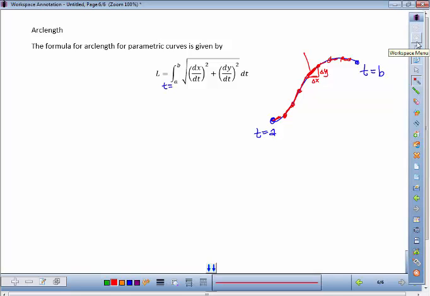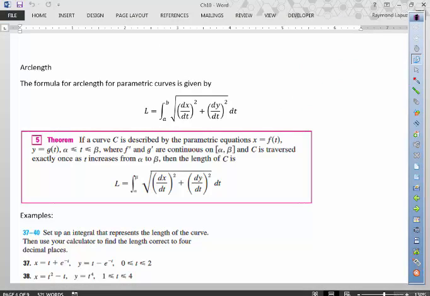I think they did this in Calc 2 some way or another. But instead of parametric equations x of t, y of t, you just have y is equal to f of x. So the story might have been a little bit different, but the idea is that you're breaking it down into these small pieces. All right, let's do an example just so we can get one example done here.